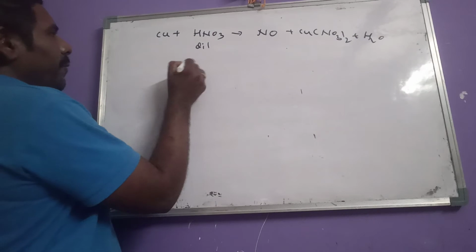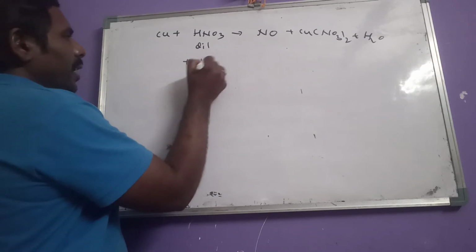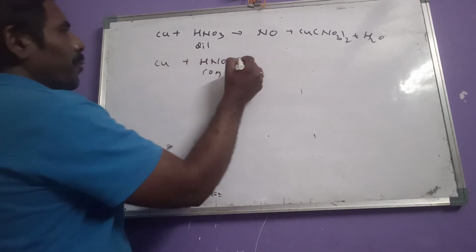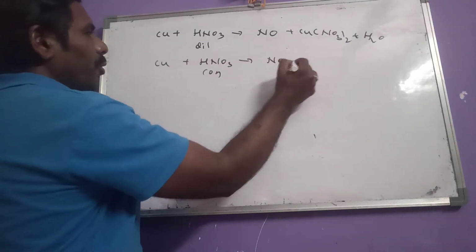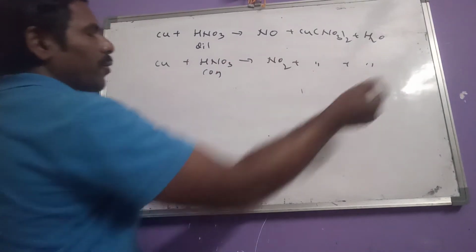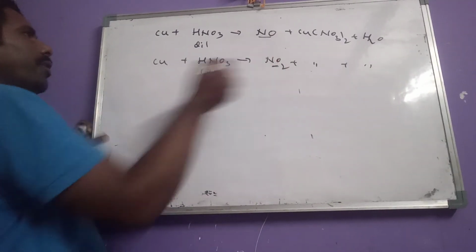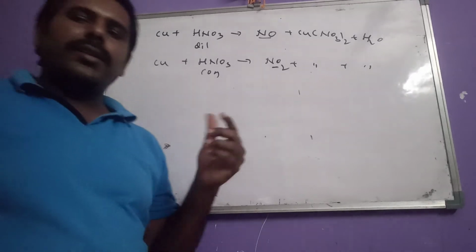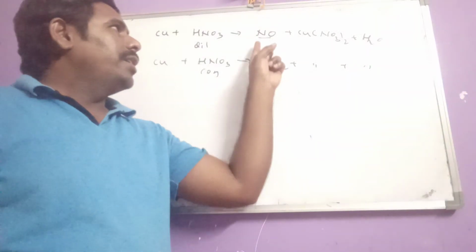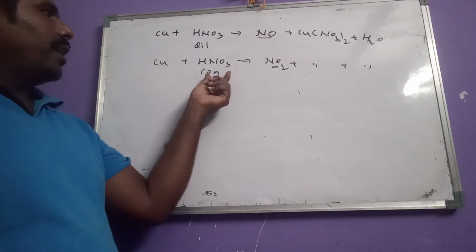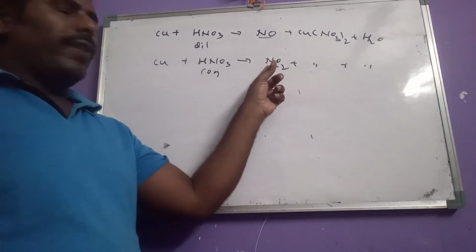But copper when treated with concentrated HNO3, what is the product? Means here NO2. Remaining products of course as it is. So we have to remember this main product here. Copper plus dilute HNO3 means we get NO. But copper with concentrated HNO3, what is the product?